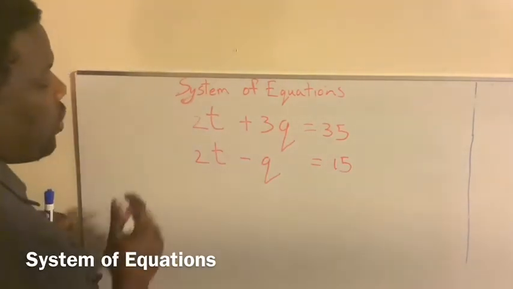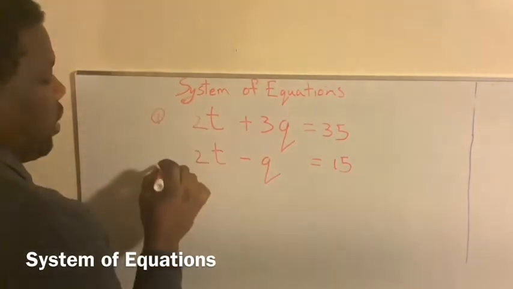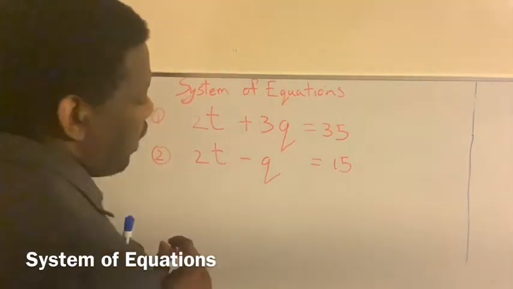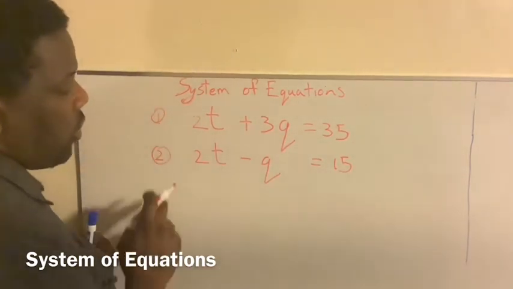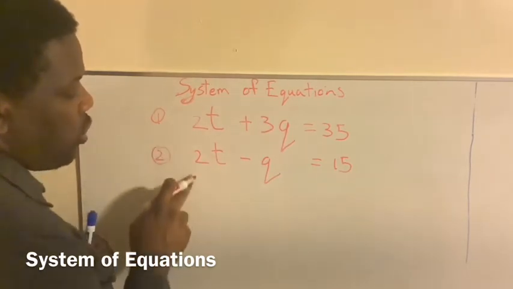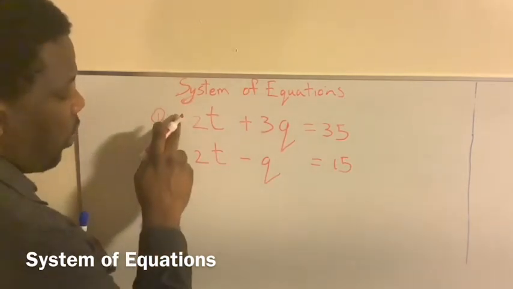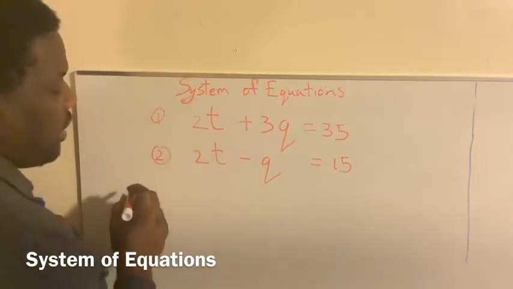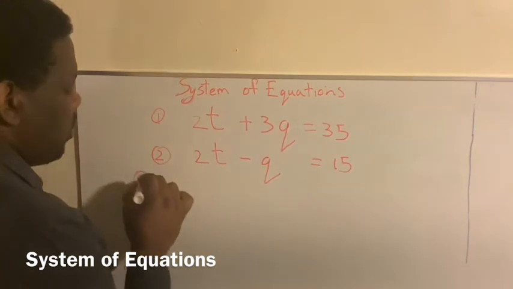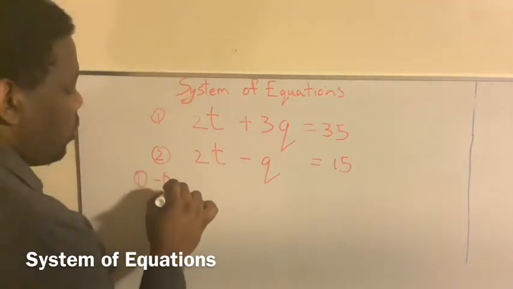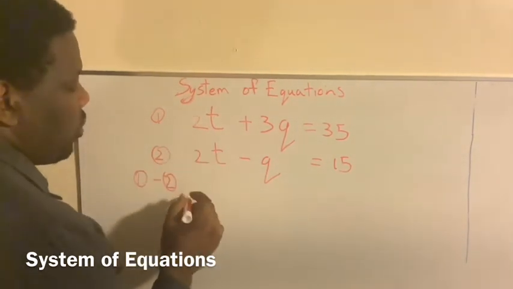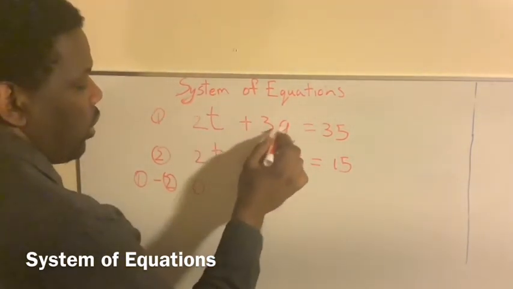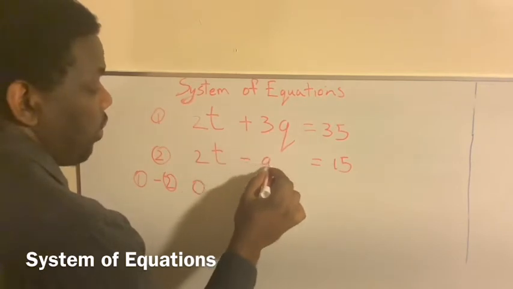Now again, this is equation 1 and this is equation 2. They are related and they look similar. So they share 2t, and both terms are positive, so we can subtract equation 1 and 2. So equation 1 subtract equation 2. 2t take away 2t is 0. 3q subtract negative q.